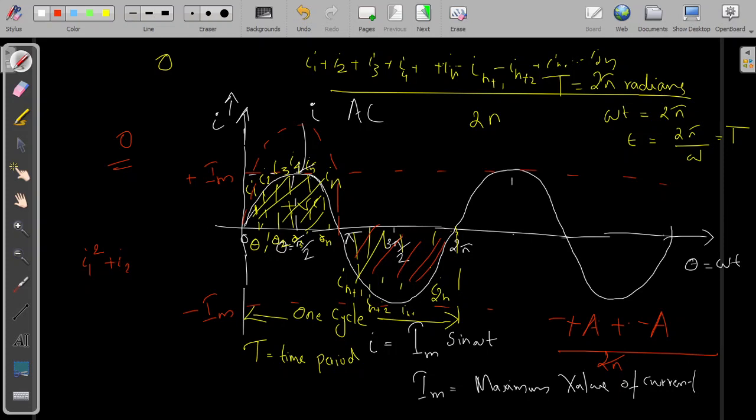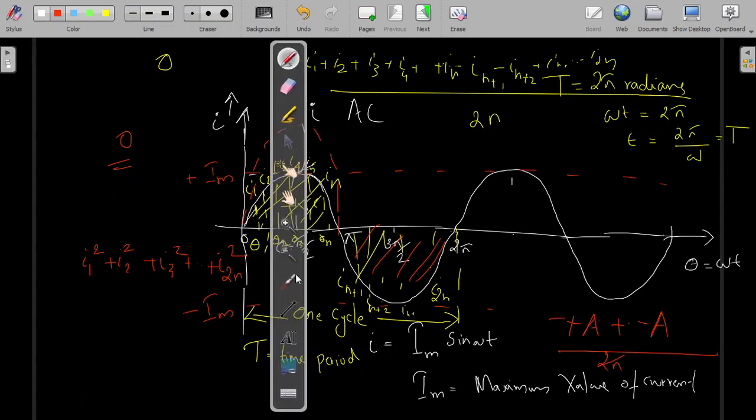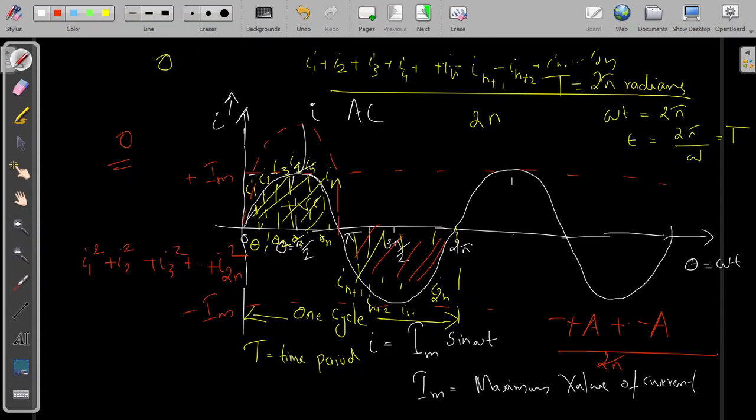That means I1 squared plus I2 squared plus I3 squared, and so on, up to I2n squared, whole divided by the number of values, which is 2n, and then we apply the square root.